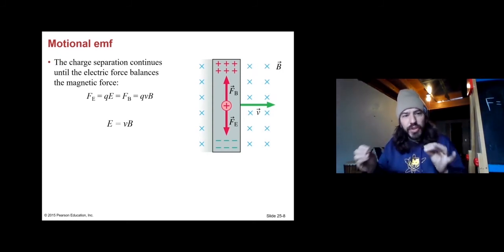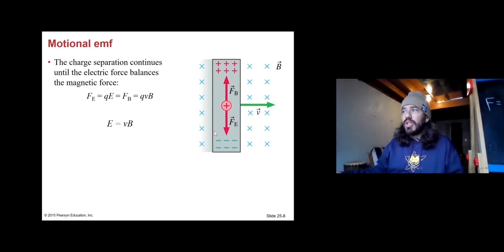Well, when does the separation of charge stop? These positives are attracted to these negatives. And so this separation will continue until the electric force on those charges is exactly balanced by the magnetic force. And when that happens, you can see we do a little bit of algebra here. These Q's can cancel. And we get a relationship between the electric field and the magnetic field.